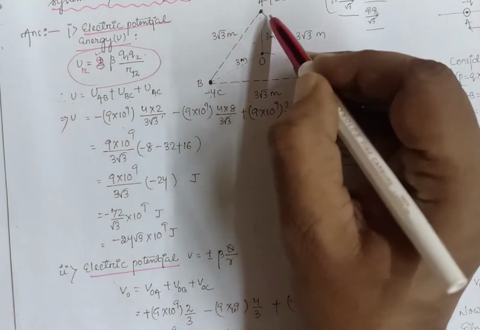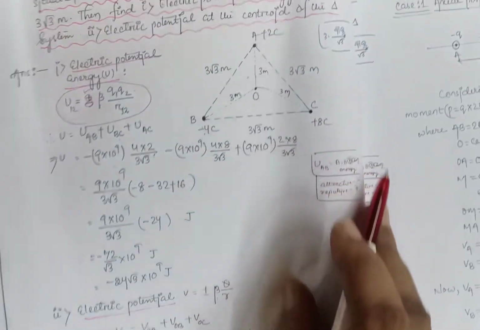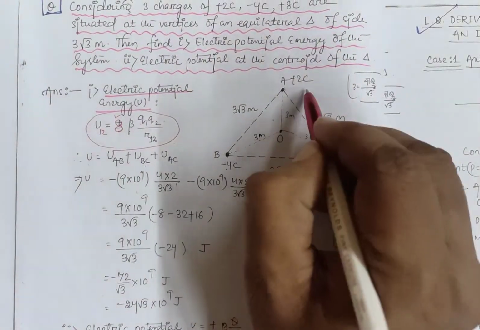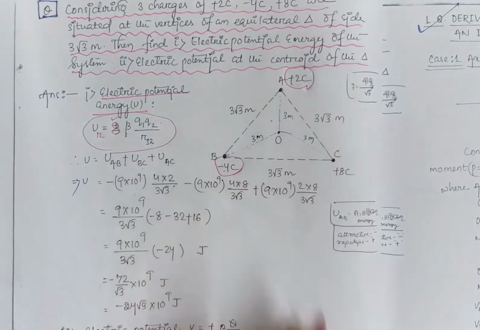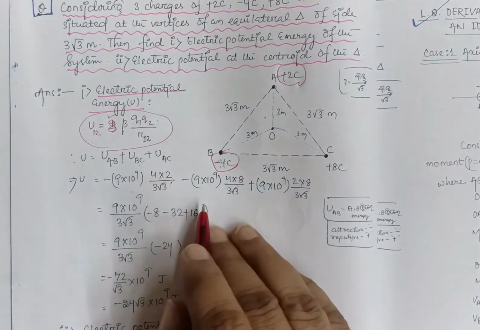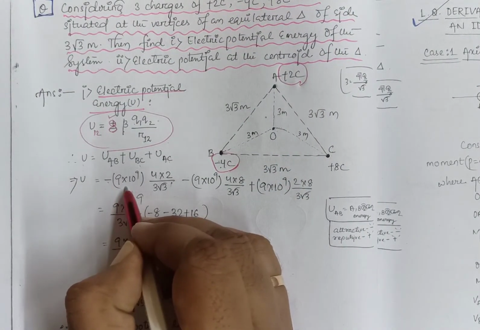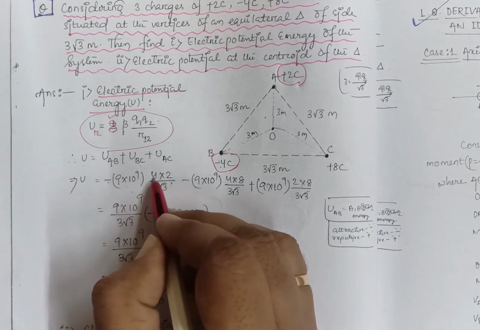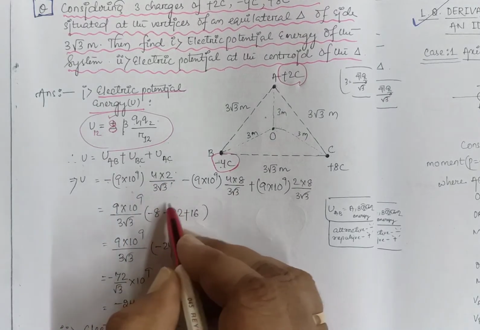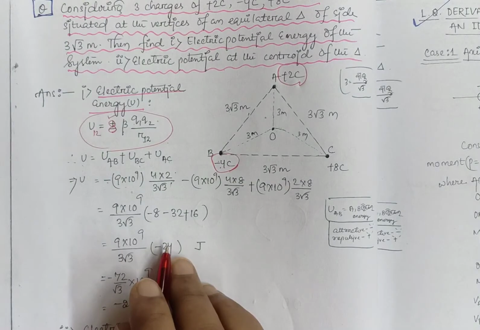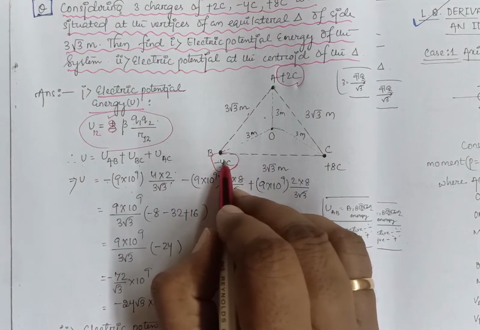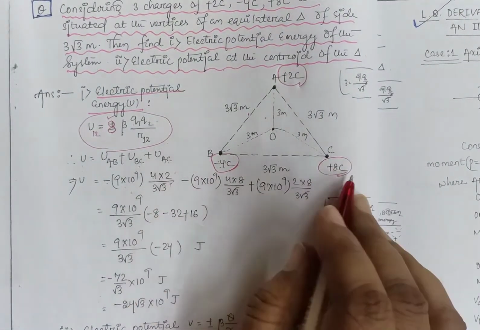A, B, you see the figure. A is a positive charge and B is a negative charge. So this is attractive, so the minus sign is here, and this is the beta value represented here. Product of the 2 charges, 4 into 2, divided by distance 3 root 3. Similarly BC: B is minus, C is plus, that is also attractive.